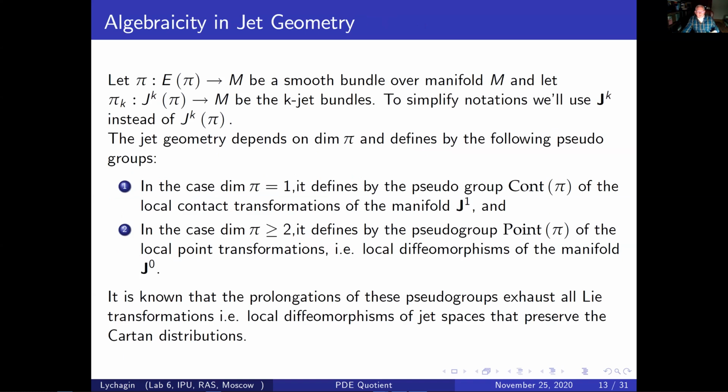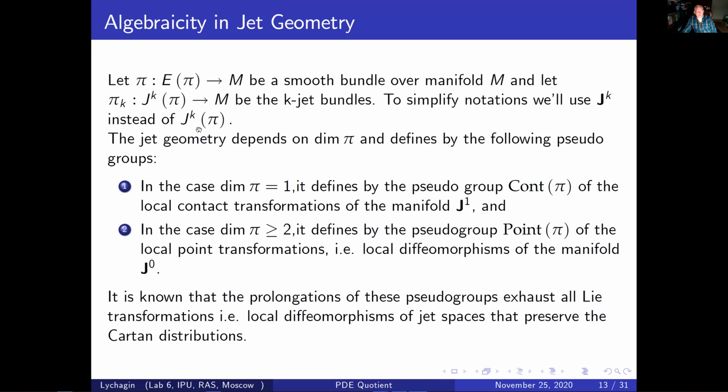And now let's go to equations in jets. First, I will remind you of some elementary but important facts from jet geometry. They simply show that, in some sense, algebraicity is a very natural ingredient in differential equations. So J^k is just the k-jets of some bundle.